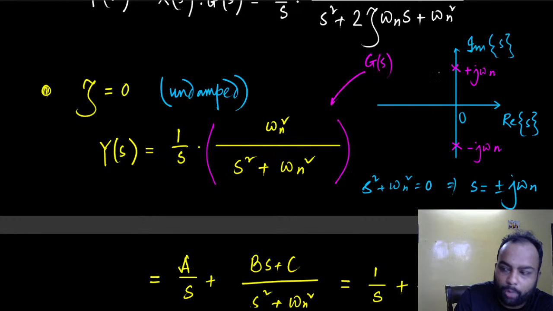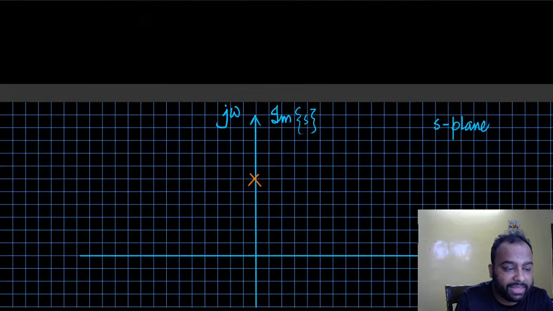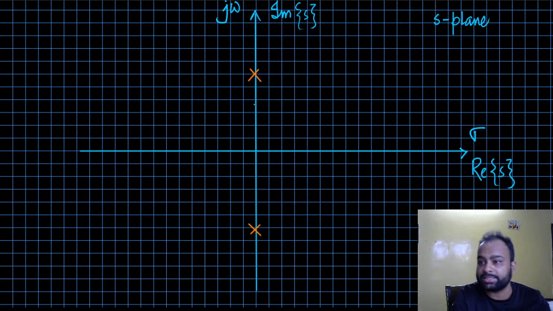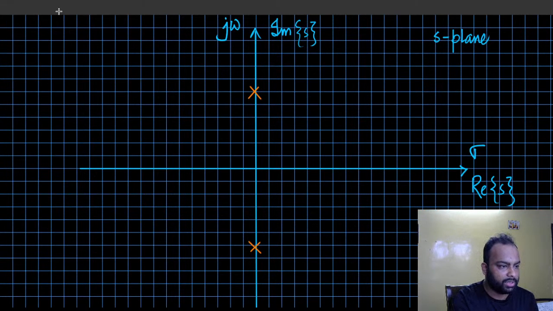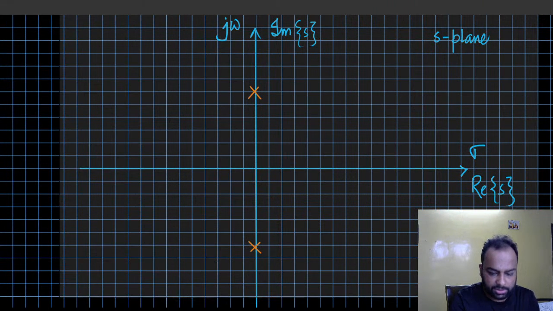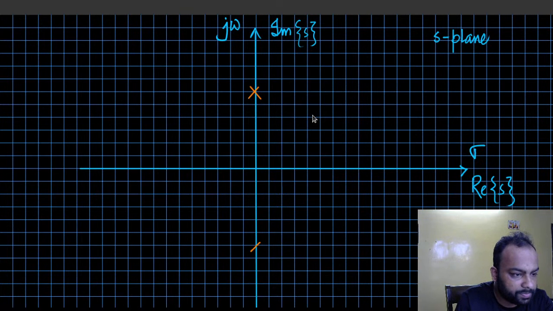So these are complex conjugate pole pairs: one of the poles is at plus j omega n and another is at minus j omega n, on the j omega axis, just like that. Let's do one thing so that you can see.